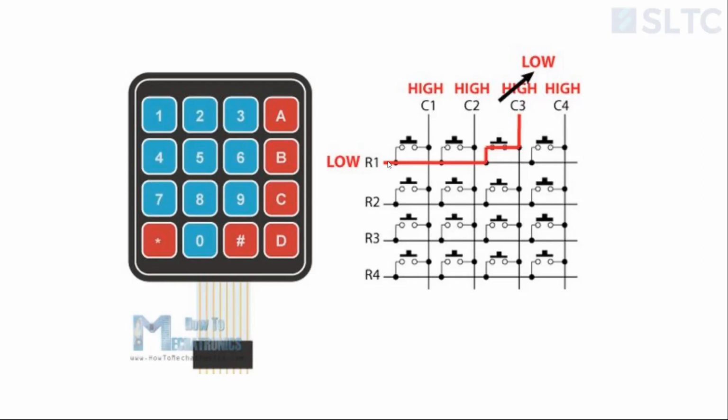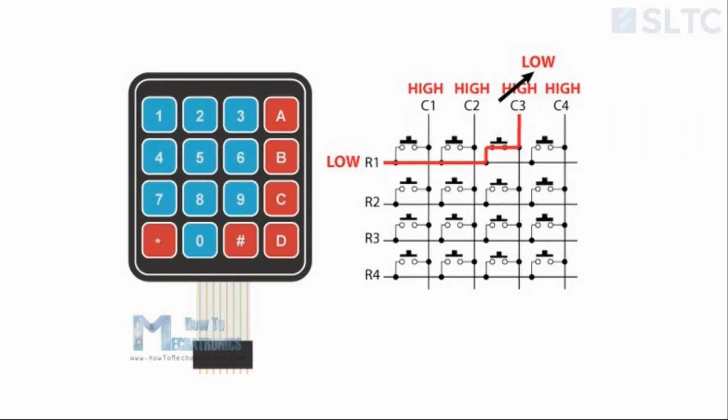So R1 is now getting a signal. And we know C3 is also having a signal, and R1 is having a signal. That means this switch is pressed. According to our keyboard, this looks like the number 3 is pressed. So that is how the computer detects which key is pressed.